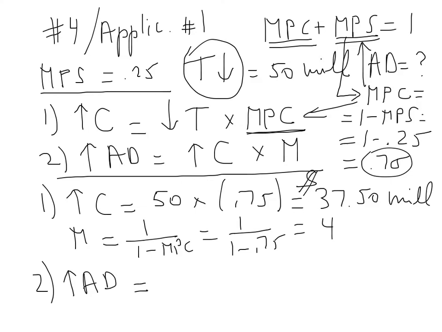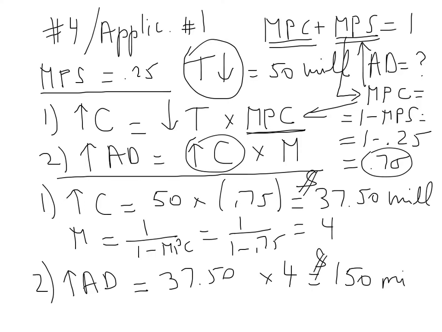We have increase in consumption that we just calculated, 37.50 times the multiplier 4, which is going to give us an answer of 150 million. So you see, for this tool we have these two set of formulas to use, not just one like in government spending example.